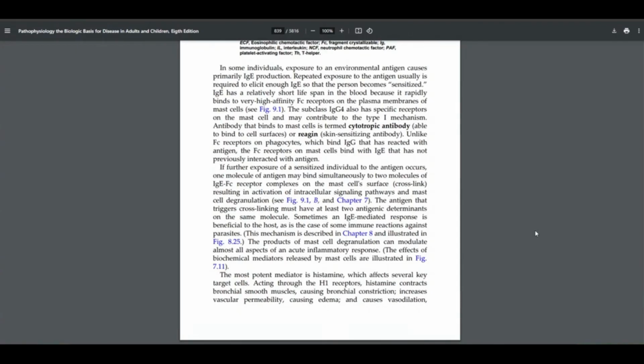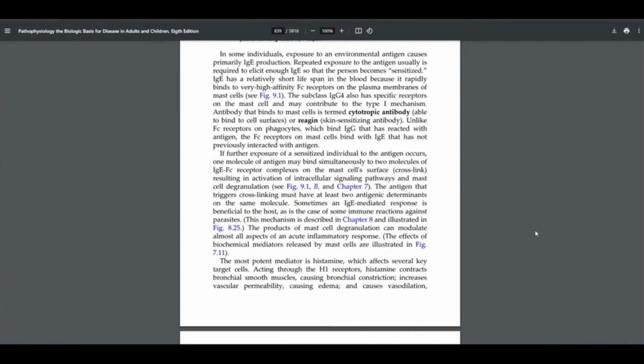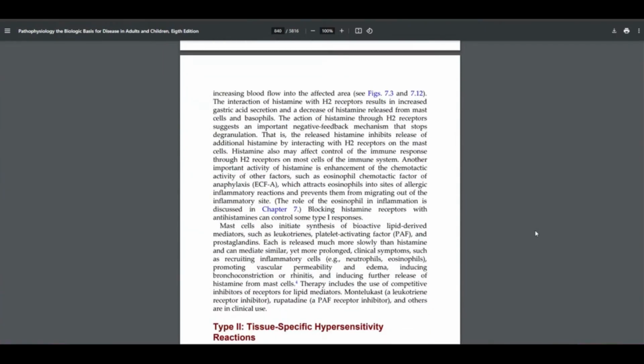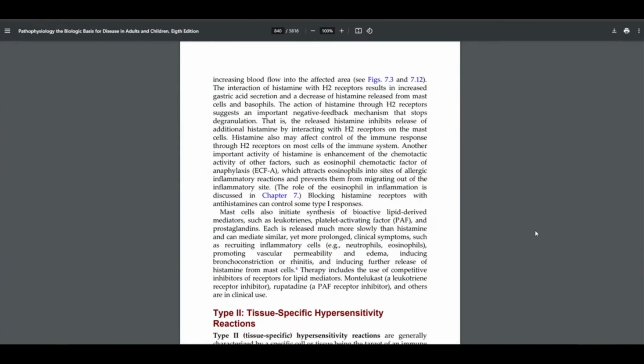Acting through the H1 receptors, histamine contracts bronchial smooth muscles, causing bronchial constriction, increases vascular permeability, causing edema, and causes vasodilation, increasing blood flow into the affected area.